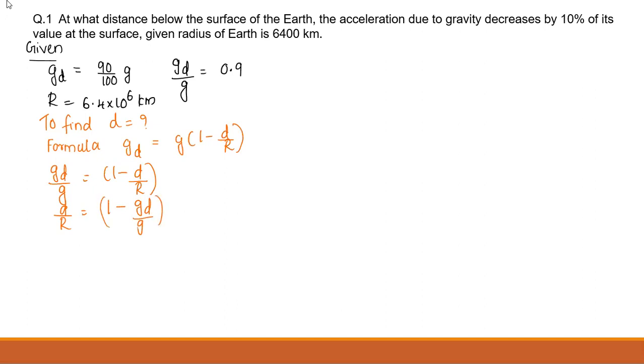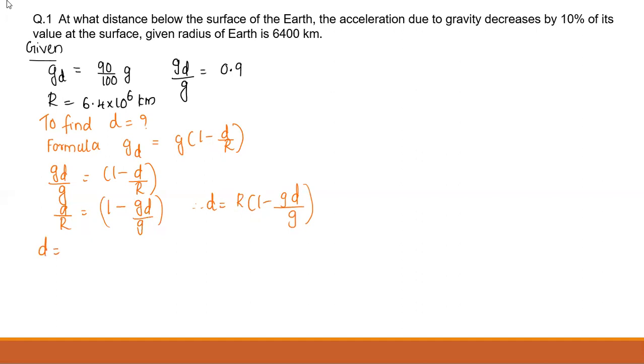On cross multiplying, we will get d is equal to R into 1 minus gd upon g. gd upon g is 0.9, and the radius of the earth also we know.